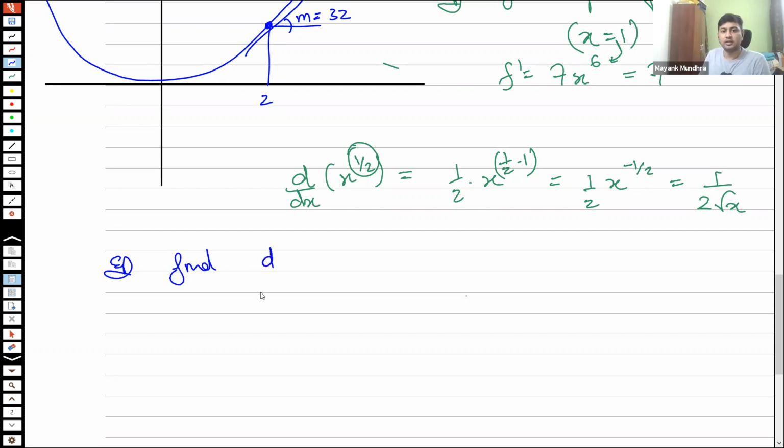Which brings me to the next example. Find d by dx of x to power 1 by 3 at x equals 8.